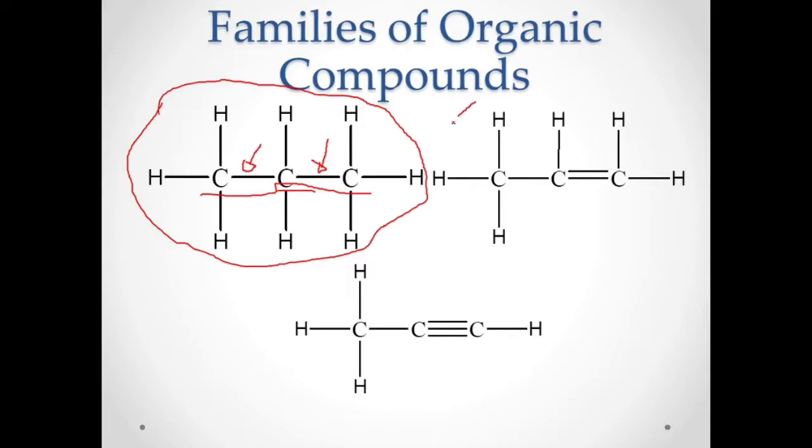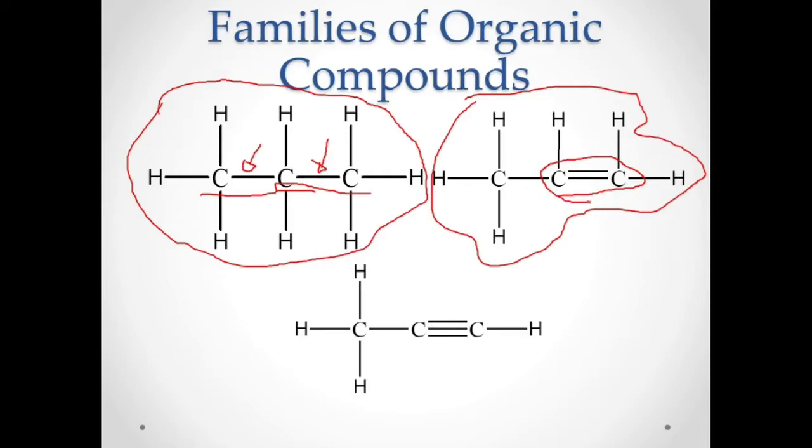The second compound, as you notice, contains a carbon to carbon double bond. If it contains a carbon to carbon double bond, then this compound is what we call an alkene.